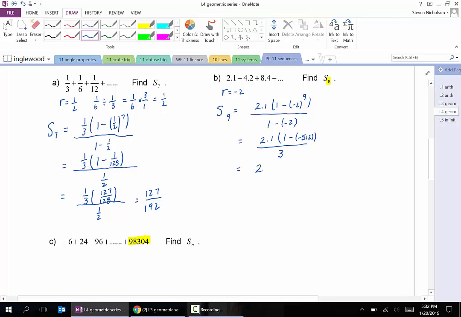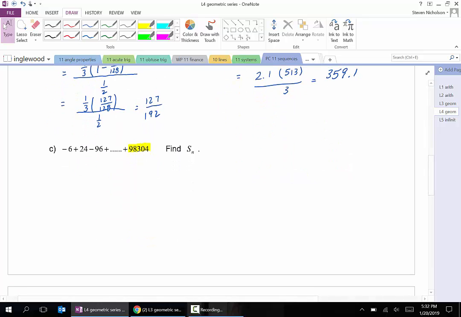So that turns out to be 2.1 times 1 plus, because here's our negative, minus a negative is a plus. So we get 513 all over 3. And this is where we could get out our calculator and answer 359.1. So we still use the same formula, but it's the idea of decimals and fractions and what's expected.